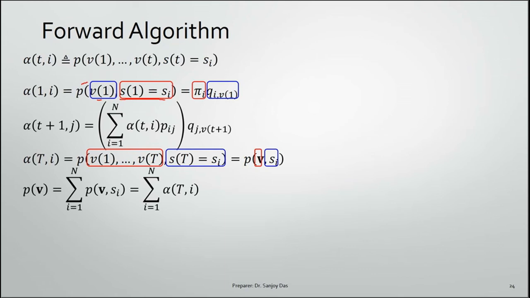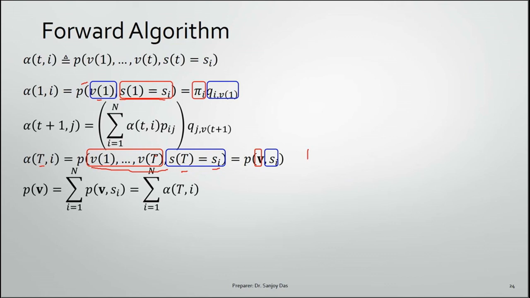We already saw this expression for alpha t plus 1 j from alpha ti. And now let's plug in the value uppercase T in alpha here. So that's the probability of the entire output sequence until the uppercase T and terminating at time step uppercase T at state Si. And that's P V comma Si.